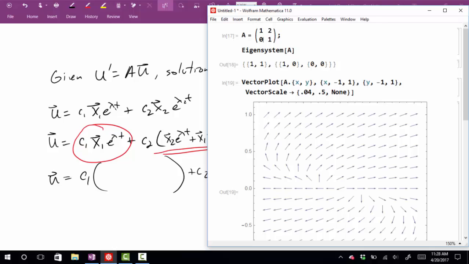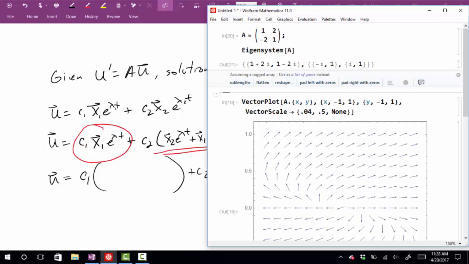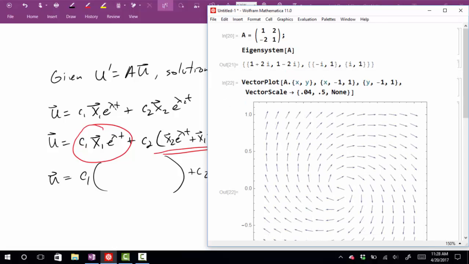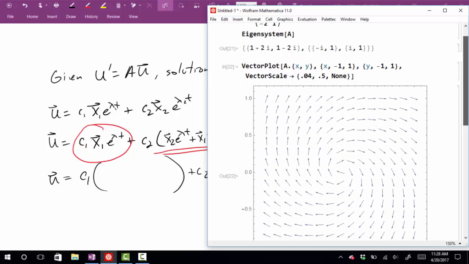I can generate that by putting a -2 here. You see I have my complex eigenvalues and eigenvectors, so my solution would have that complex form. And what's the system going to look like? No straight line solutions. It's a swirling direction field. So the forms of those solution types can explain what their fields look like.